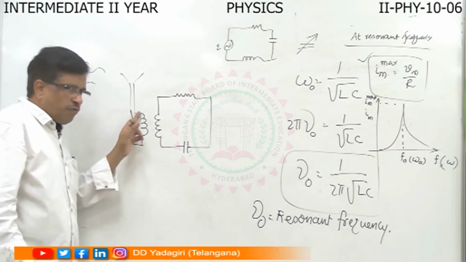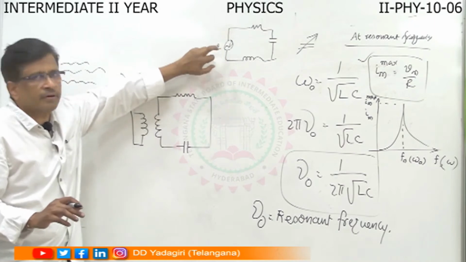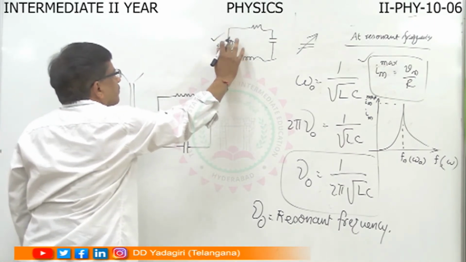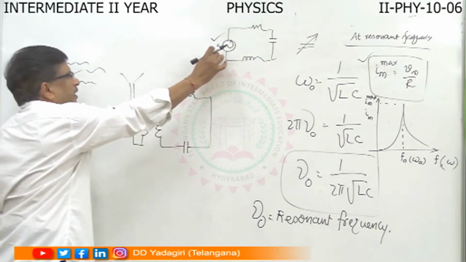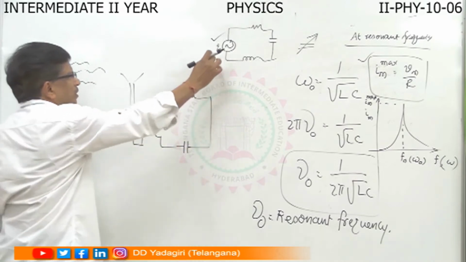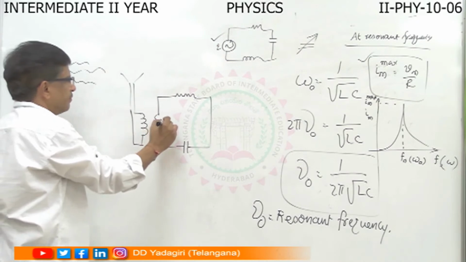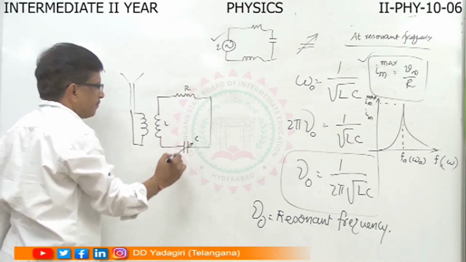Each wave in this is like a voltage source, just like this. You can compare. This is the voltage source. So each wave behaves like a voltage source. Resistor, capacitor, inductor. This is a variable capacitor.